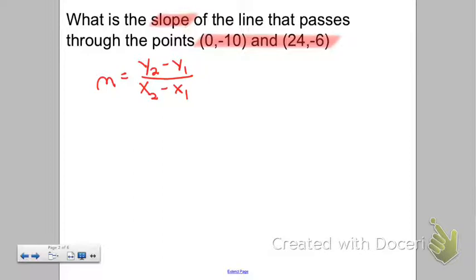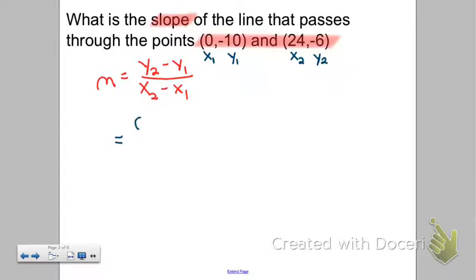The easiest way to do this is to label your x1, your y1, your x2, and your y2. I'm going to label this 0 is x1, my -10 is y1, my 24 is x2, -6 is y2. It doesn't matter if you switch these and made 0 x2 and -10 y2, just as long as the x1 and the y1 stay together and the x2 and the y2 stay together.